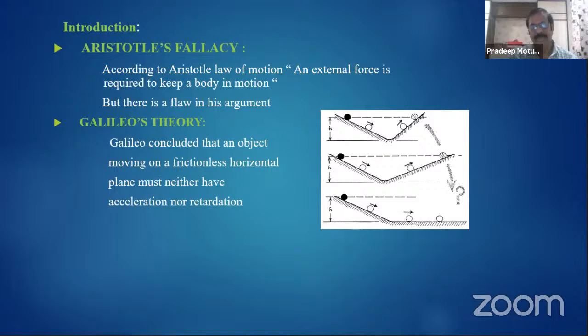Suppose if a body is moving on a frictionless surface, it doesn't have acceleration or retardation because there is no opposite force acting on it.